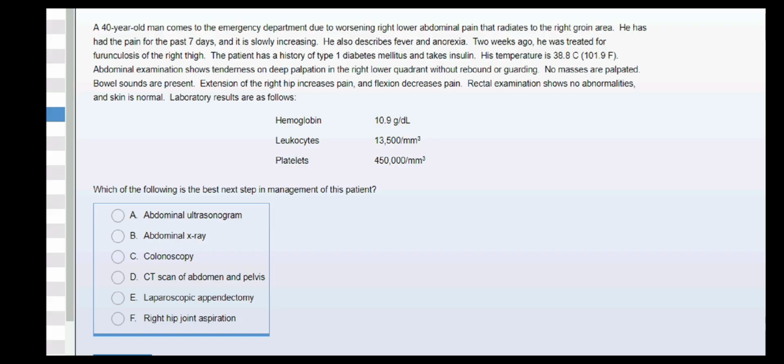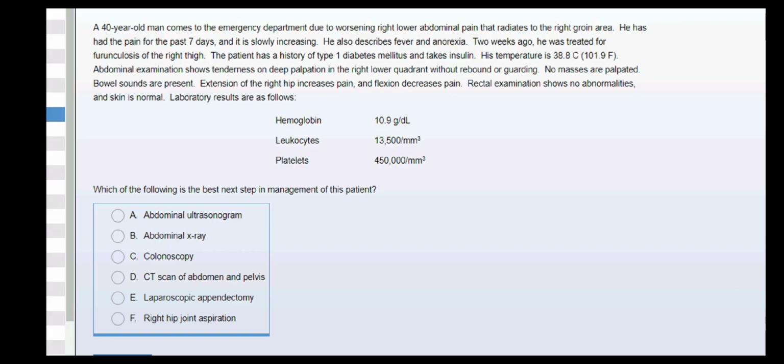Two weeks ago, he was treated for folliculitis of the right thigh, meaning a skin problem of the hair follicles. The patient has a history of type 1 diabetes and takes insulin. Temperature is high. Abdominal examination shows tenderness on deep palpation in the right lower quadrant without rebound or guarding.